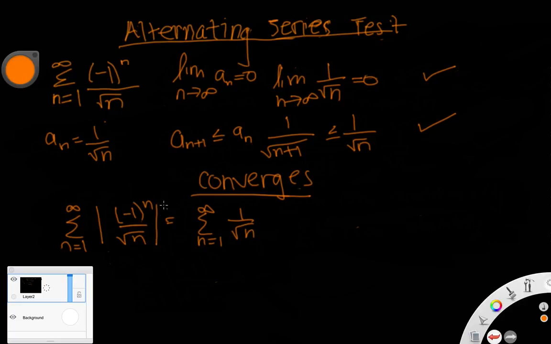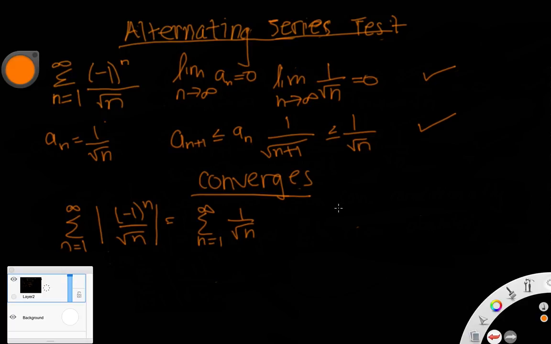Because the magnitude of -1 to the n is always going to be 1, even though the sign is always alternating between negative and positive. So if you have the absolute value, then you can just make it +1. So we have 1 over radical n. And if this series converges, then that means that the alternating series will converge absolutely. However, if this series diverges, then the alternating series will converge conditionally.